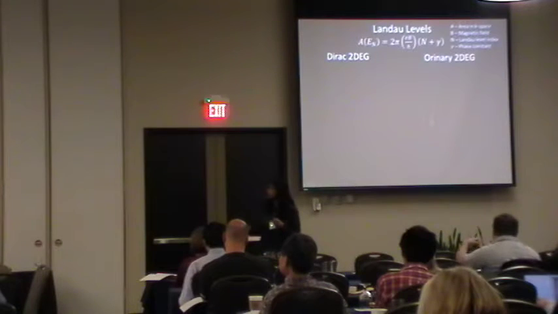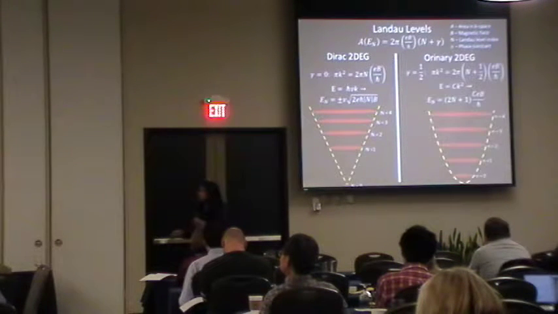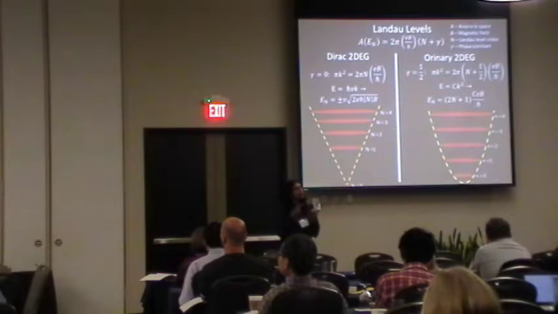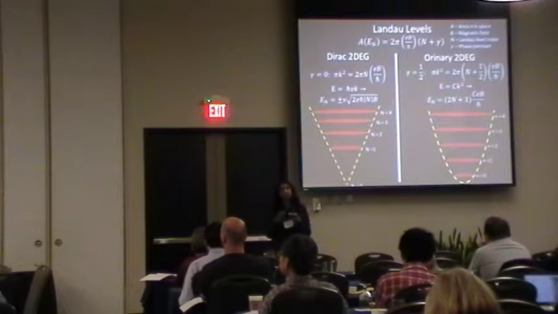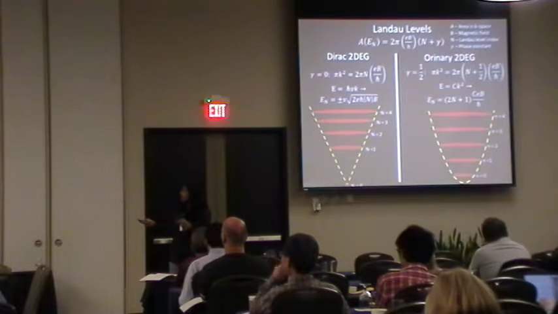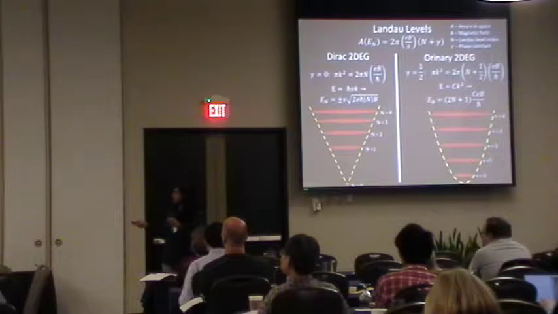So, the interesting thing about these Landau levels is the area that the Landau levels occupy in momentum space, right? This is the area, and this area is just pi k squared, and this area depends on the magnetic field as well as this quantum number n.